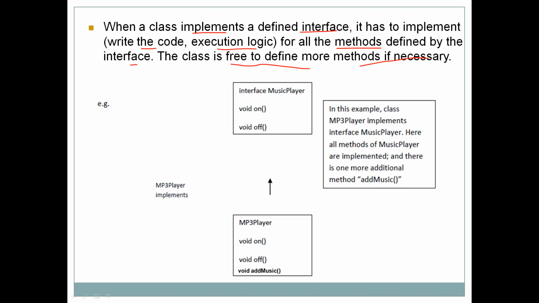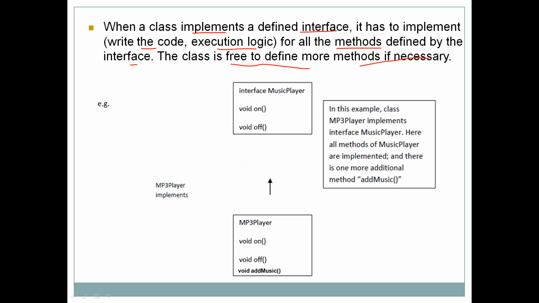Now, as I've said, if a class is inheriting an interface, the class needs to compulsorily provide implementation for all the methods which are there in the interface. The class can have its own methods apart from the methods from the interface.